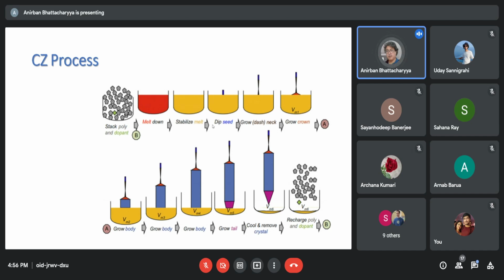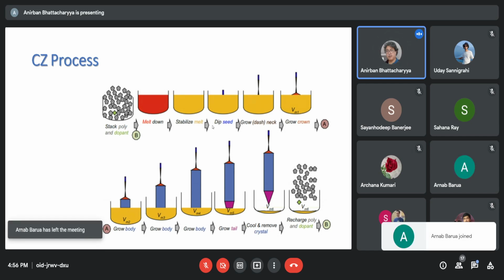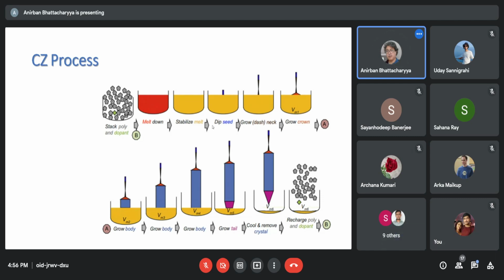So this is the entire process. It's called crystal pulling. What does pulling mean? You're converting the liquid into solid by first touching a seed on the top surface, allowing the liquid to freeze onto the seed. And as it freezes, obviously the volume grows, and then you draw the entire thing in the form of a cylinder upwards.